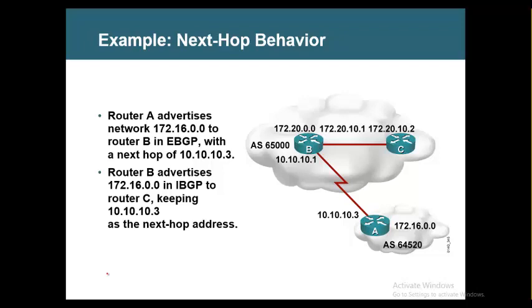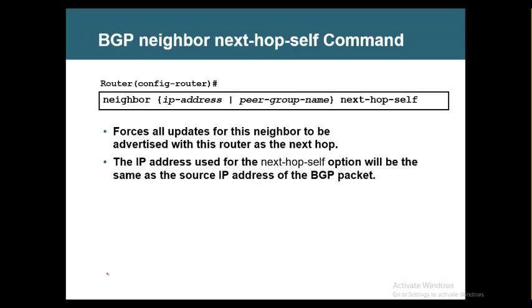Rather, it will keep that same 10.10.10.3 as the next hop while advertising to C. So C receives it with the next hop 10.10.10.3, though the packet is coming from router B 172.20.10.1. This is the default behavior. So to override that behavior, we need to say next-hop-self.